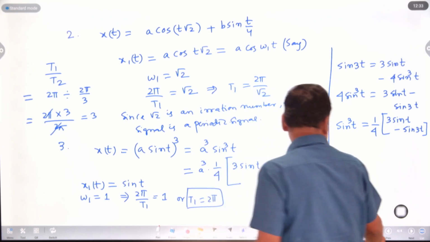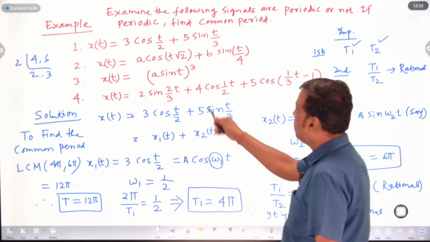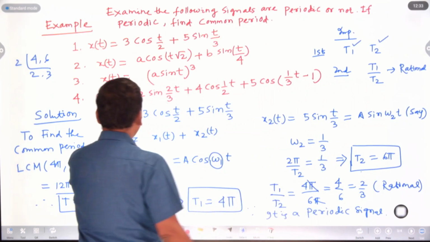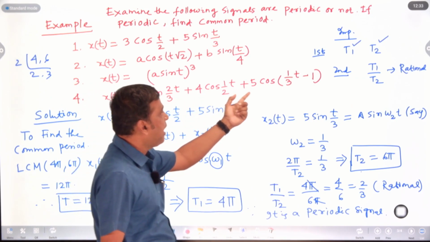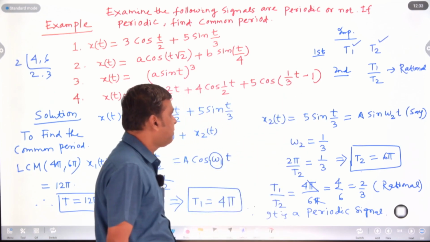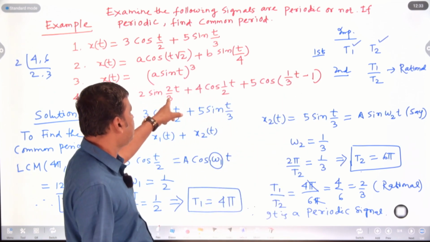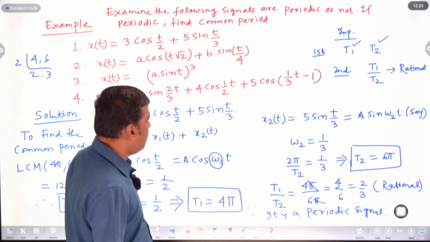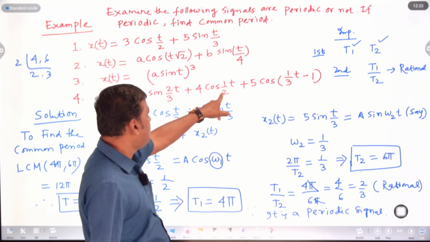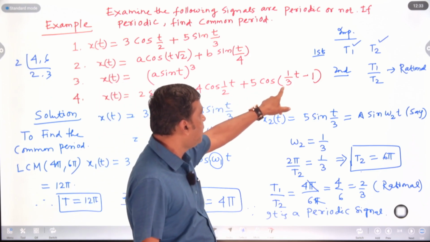Okay, then another example: x of t equals 2 sin 2 by 3 t, plus 4 cos 1 by 2 t, plus 5 cos 1 by 3 t minus 1. Here omega 1 equals 2 by 3, omega 2 equals 1 by 2, omega 3 equals 1 by 3.